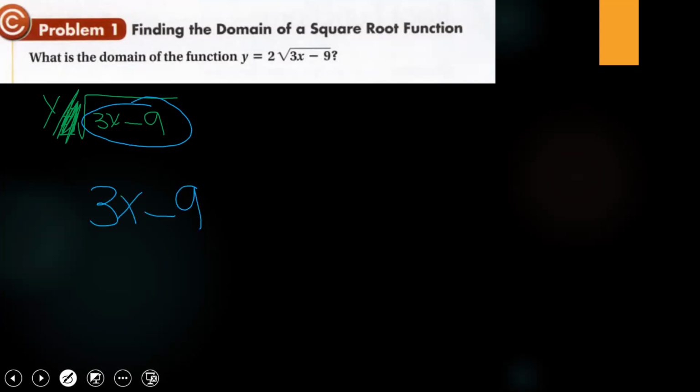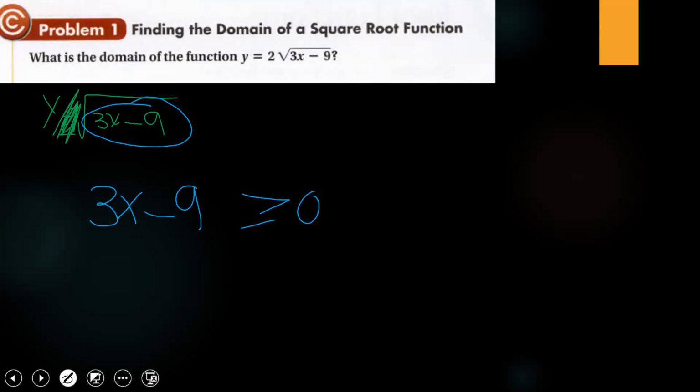As I told you, for the domain of a square root function, the expression must be greater than or equal to 0. It cannot be negative. Did you understand why?